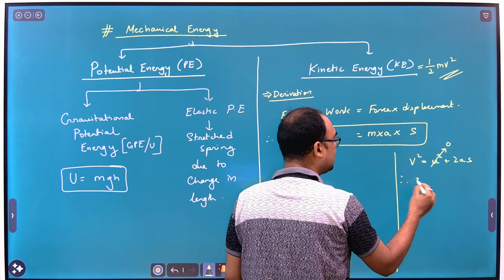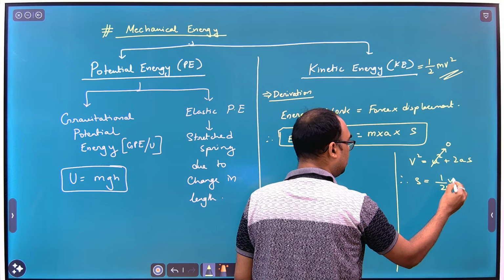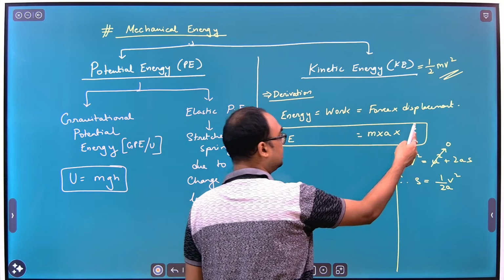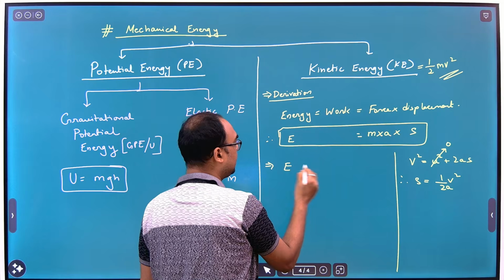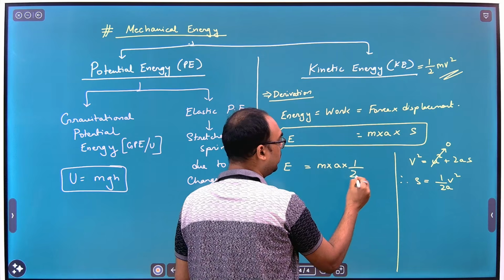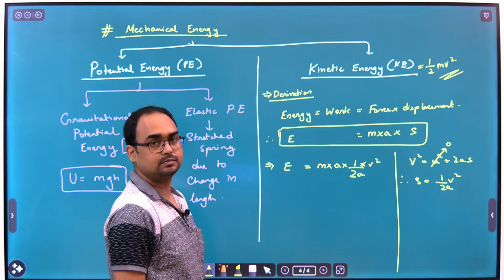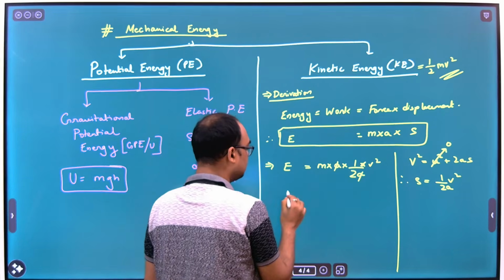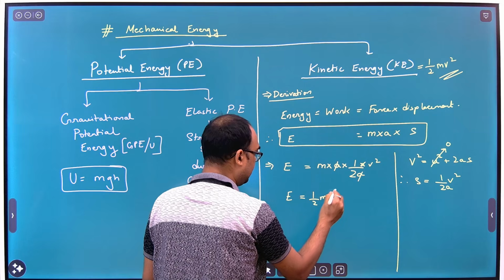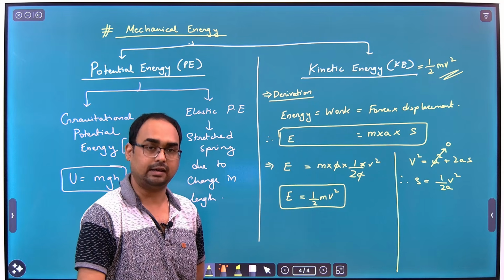So therefore, s comes as 1 by 2a into v square. Putting this value in s, E becomes m into a into 1 by 2a into v square. So a cancels. So energy is half mv square. That is how the kinetic energy formula is derived.